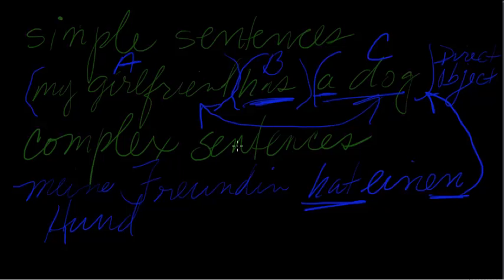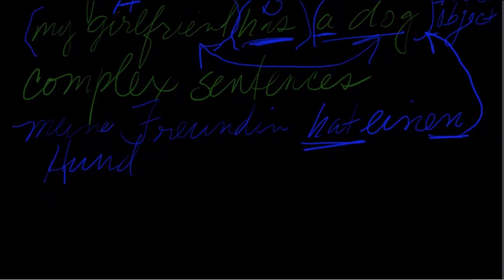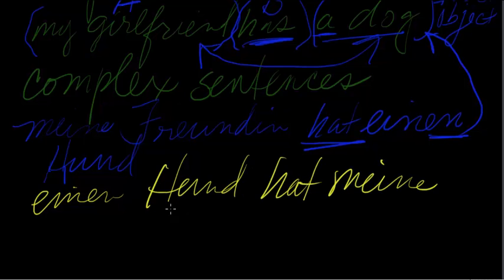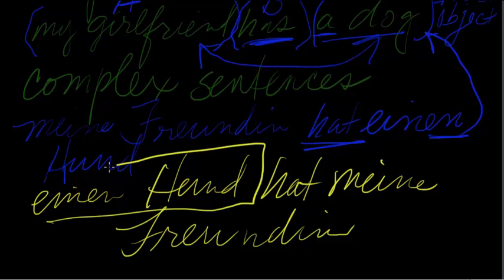Einen Hund, and let me go ahead and write it out here. Einen Hund hat meine Freundin. All right, and I'm just emphasizing that the fact is that she has a dog.